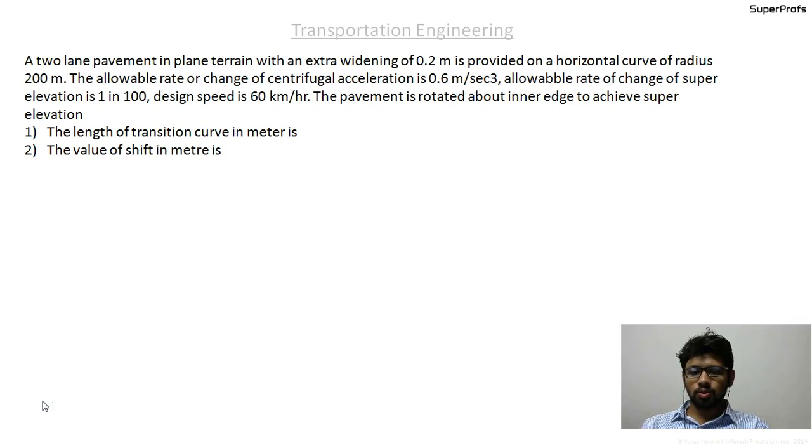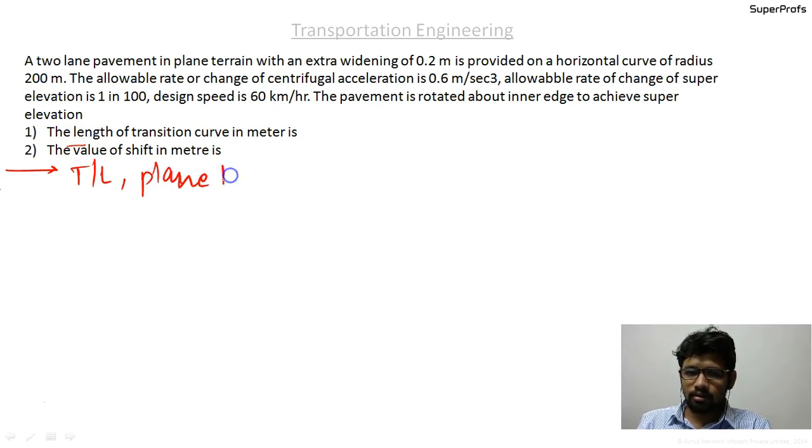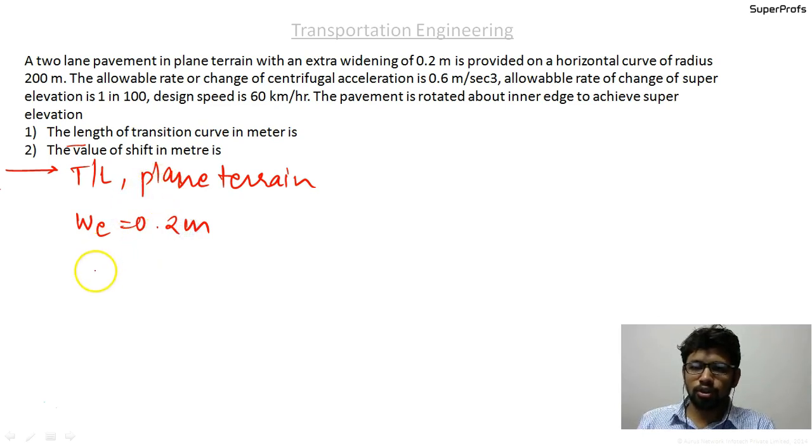Let us go for question number 1. A two-lane pavement in plain terrain with an extra widening of 0.2 meter is provided on a horizontal curve of radius 200 meters.